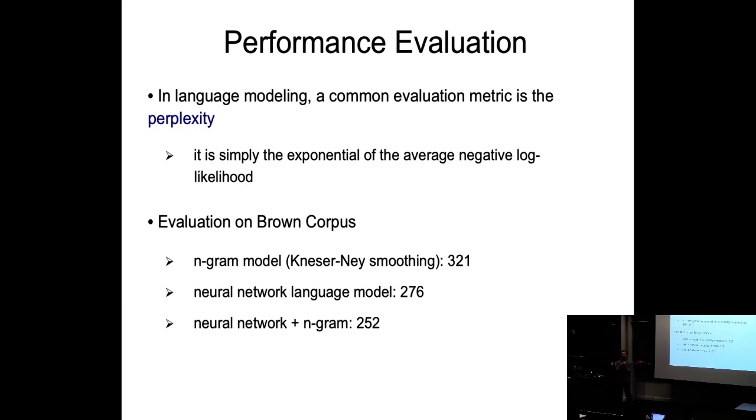If you have a word in your vocabulary, like cat, but your training corpus doesn't contain cat, and the test corpus contains cat, then there isn't much you can do, because the embedding of the word cat is just going to be whatever random initialization you've assigned to it, right?